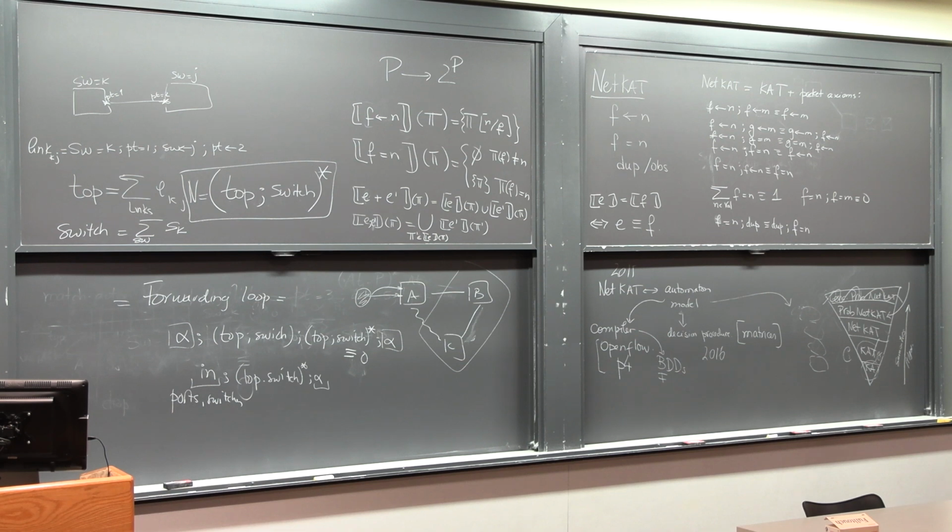It's less about NetKAT, but if you encode your programming language into something that looks like a Kleene algebra, can you use that to do optimizations on the program? Yes, and this is something Dexter Kozen has done with some of his students for compiler optimizations.